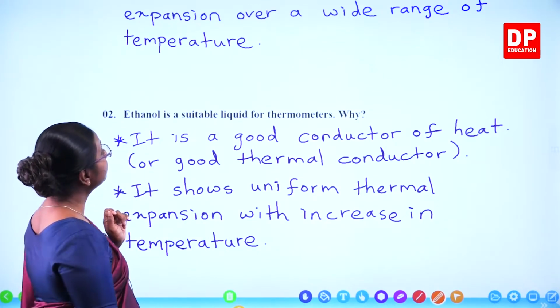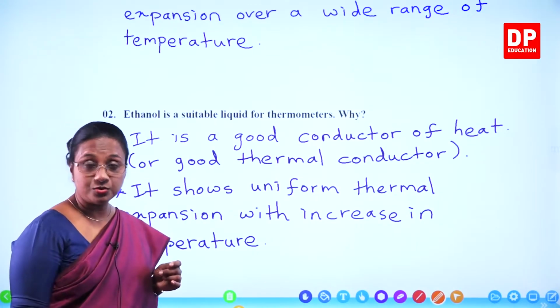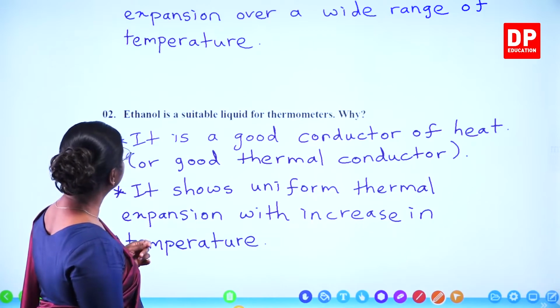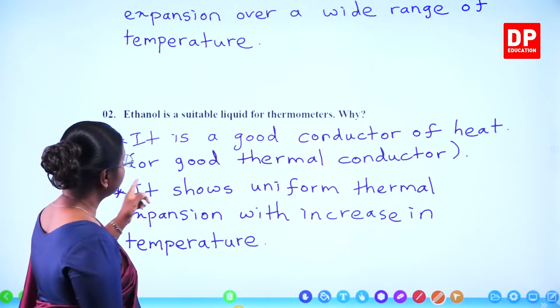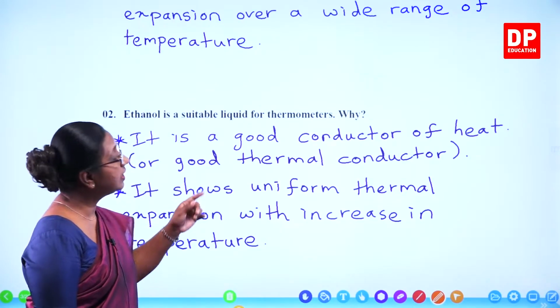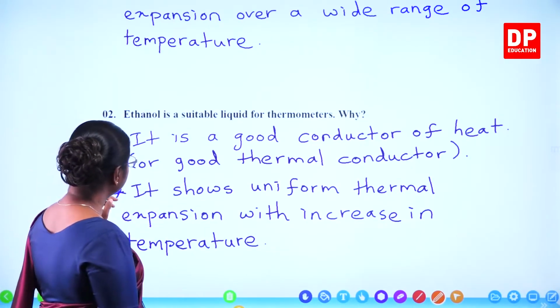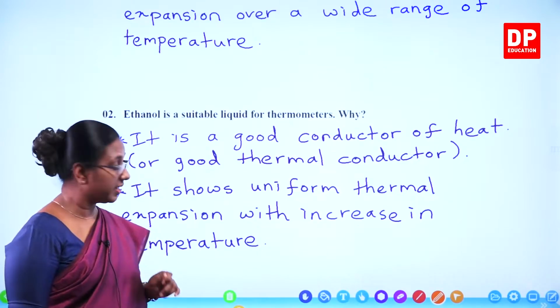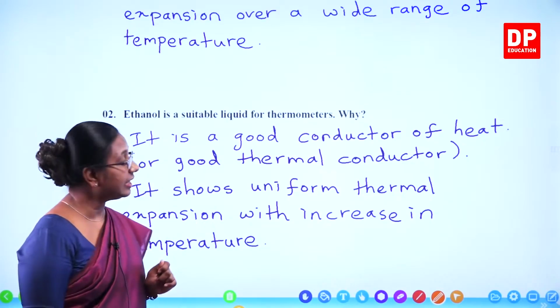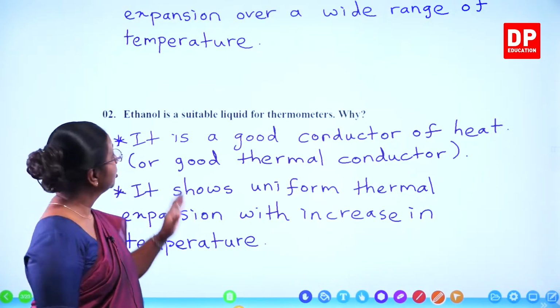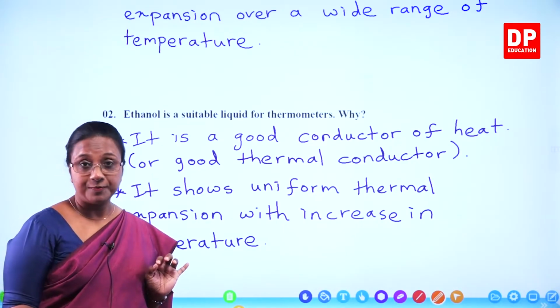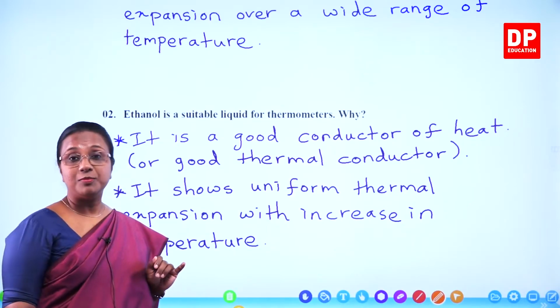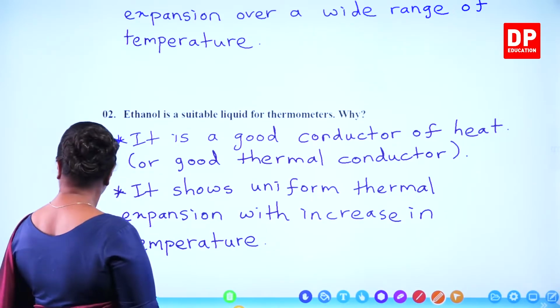So the reason why it is suitable as a liquid for thermometers is that it is a good conductor of heat, or you can say it is a good thermal conductor, and also it shows uniform thermal expansion with increase in temperature. So due to these two reasons, it is a suitable liquid. So with that, students, I will move on to the next question.